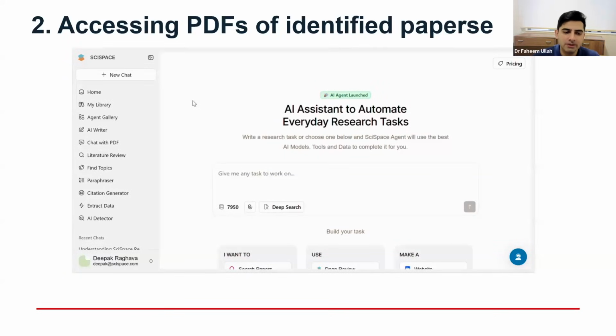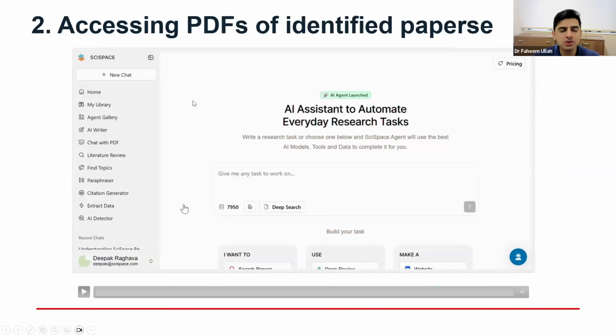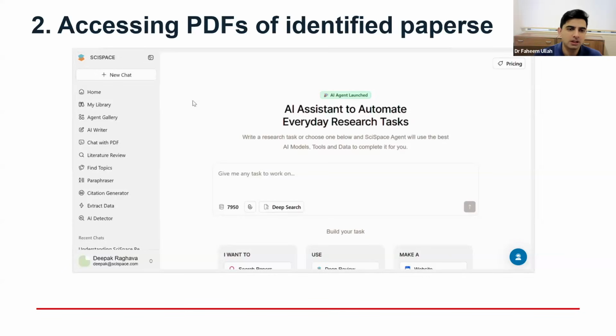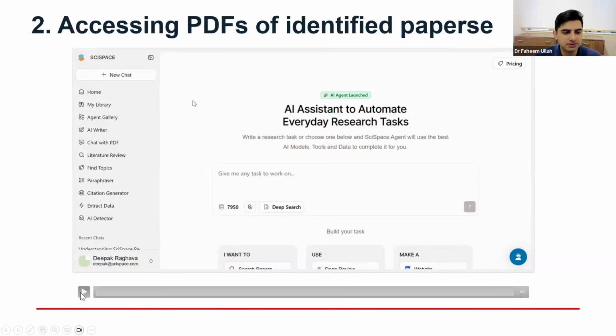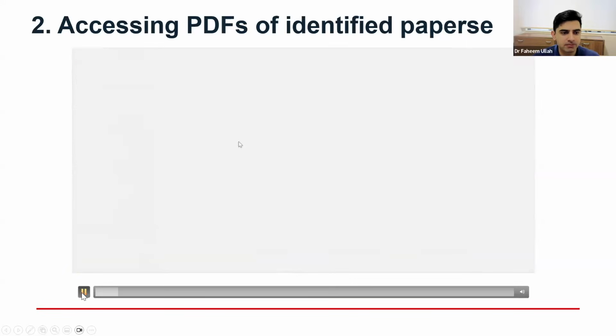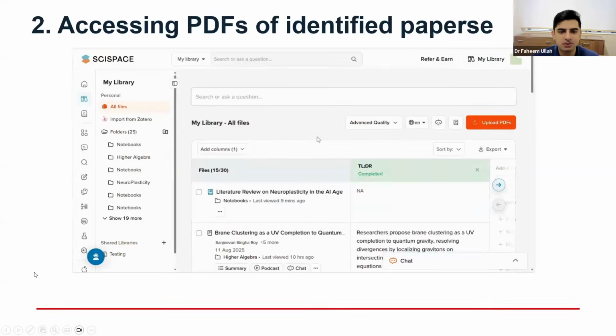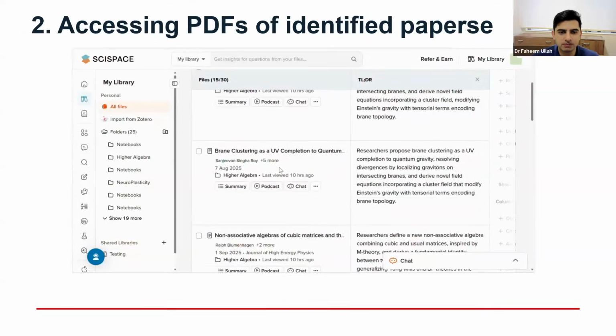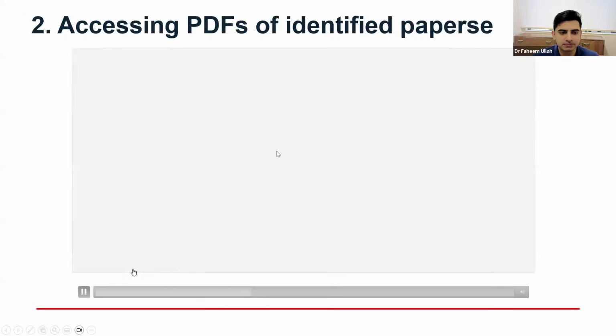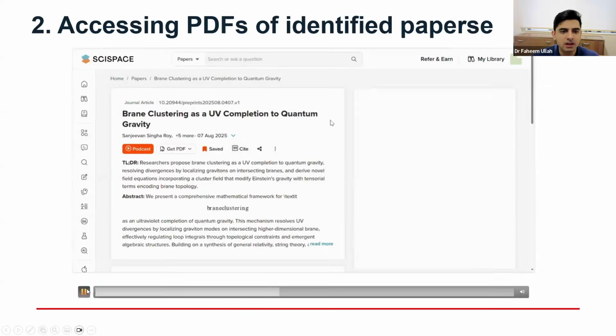For that, we have this amazing feature which you can use to immediately see whether you can access the PDF of that paper or not. So let's have a look at how this works. We go to the library, and let's suppose there is this paper, and here you can see this button called Get PDF.